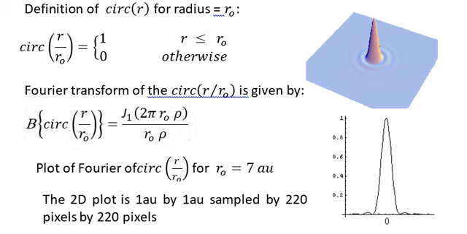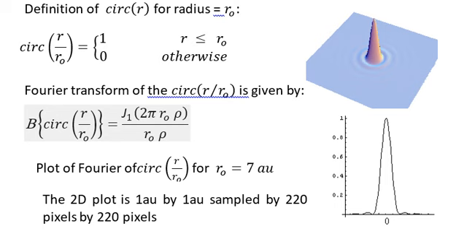Now let's plot this function. Here we are talking about the Fourier transform of the circ function of r over r naught, and you see that before that we worked out the Bessel function of the circ function of r only. Now we are going to give the expression for the circ function of r over r naught. Now r naught is also present in the denominator.